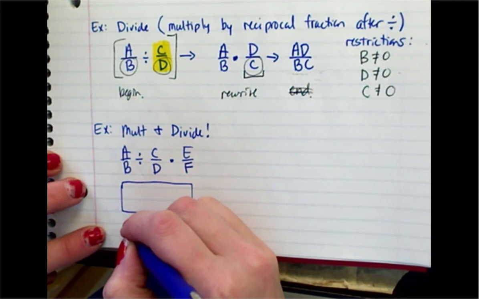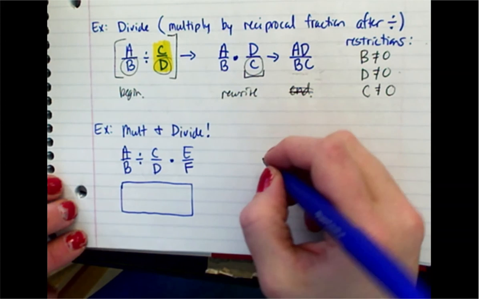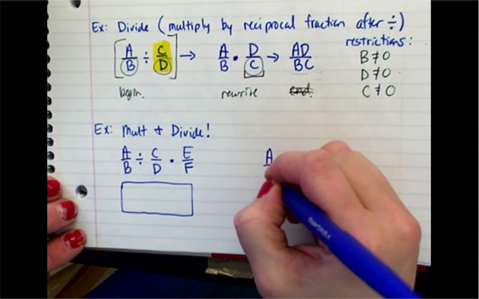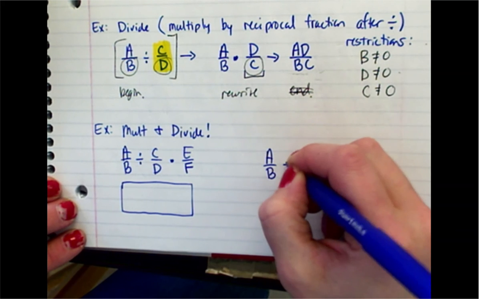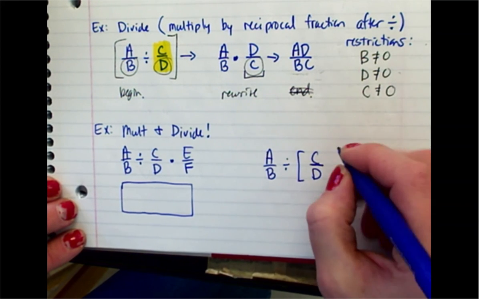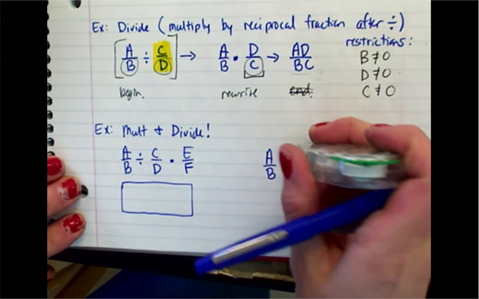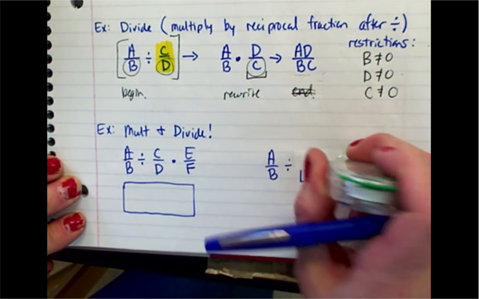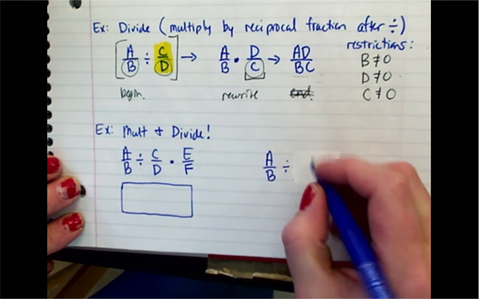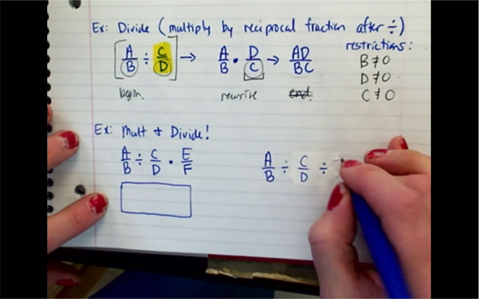And then give me what it turns into, and then give me the restrictions. The answer. What is it?